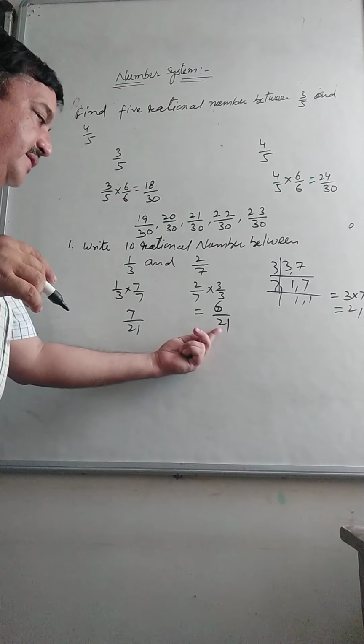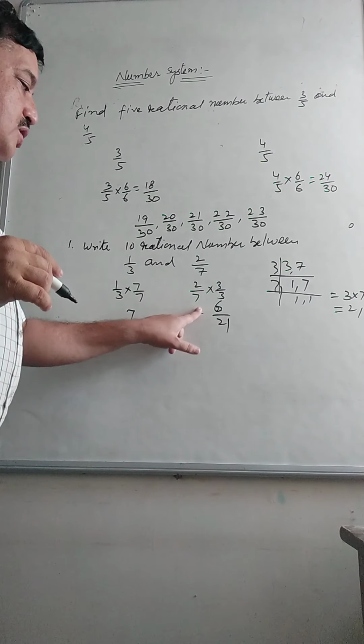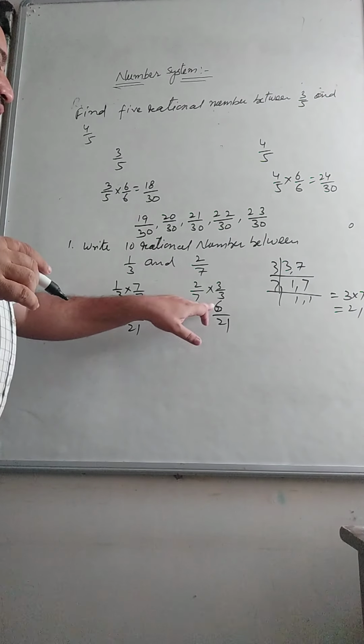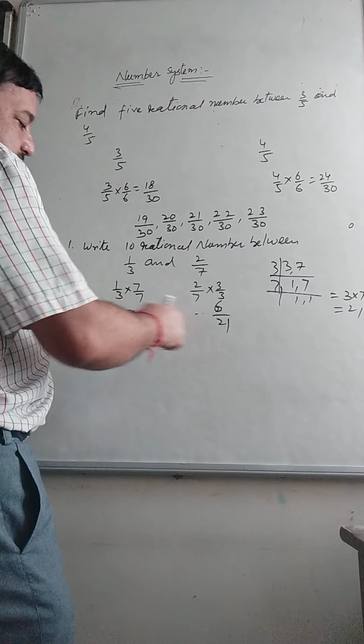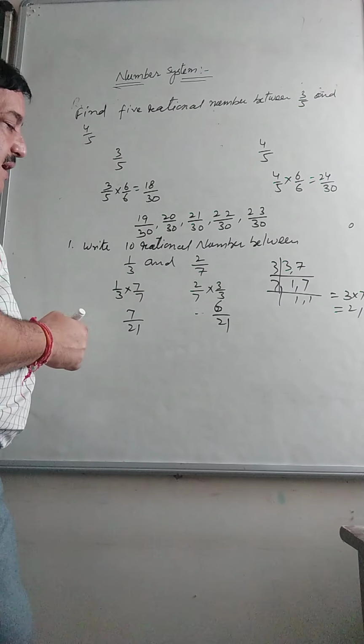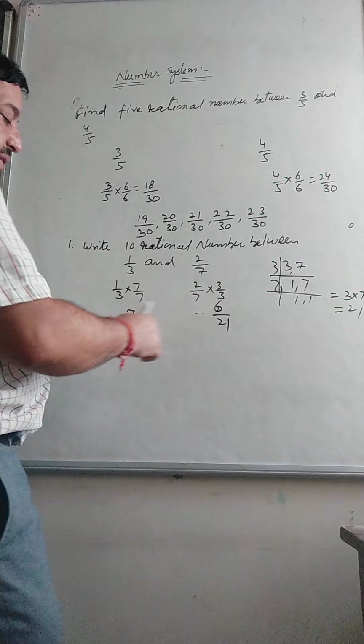Now their denominator is the same, but the numerators are 7 and 6. So there is no natural number lying between 6 and 7. And we want to write 10 rational numbers between them. So we multiply by 10 plus 1, that is 11.